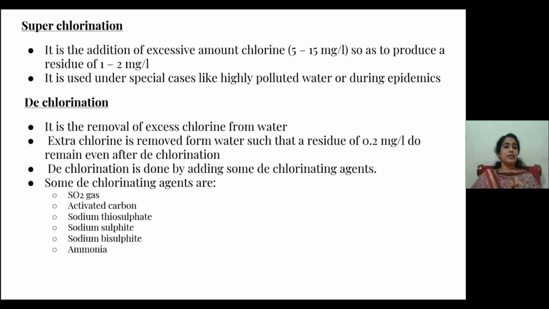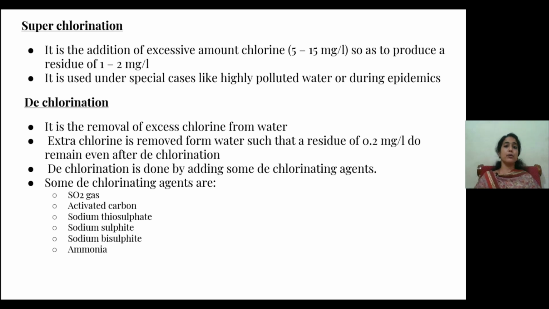Then the superchlorination. It is the addition of an excess amount of chlorine, that is 5 to 15 milligram per liter, so as to produce a residue of 1 to 2 milligram per liter. It is used under special cases like highly polluted water or during epidemics. During the previous flood seasons in Kerala, this method was accepted, that is the superchlorination.